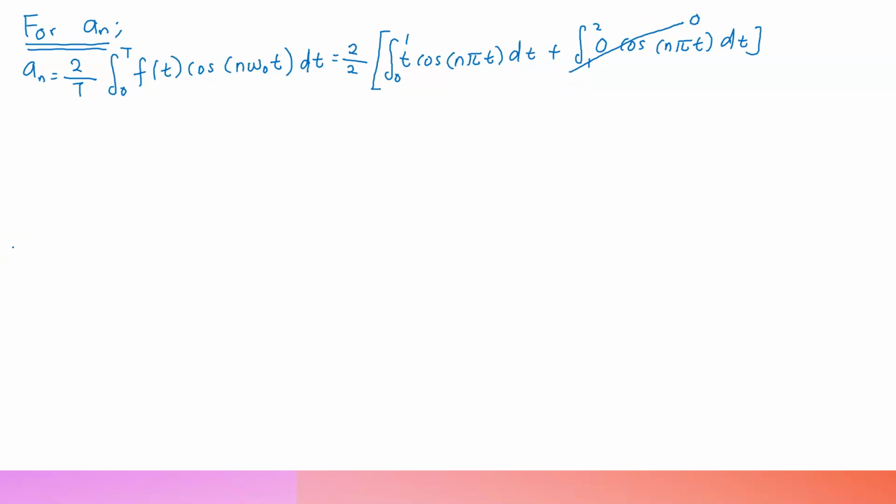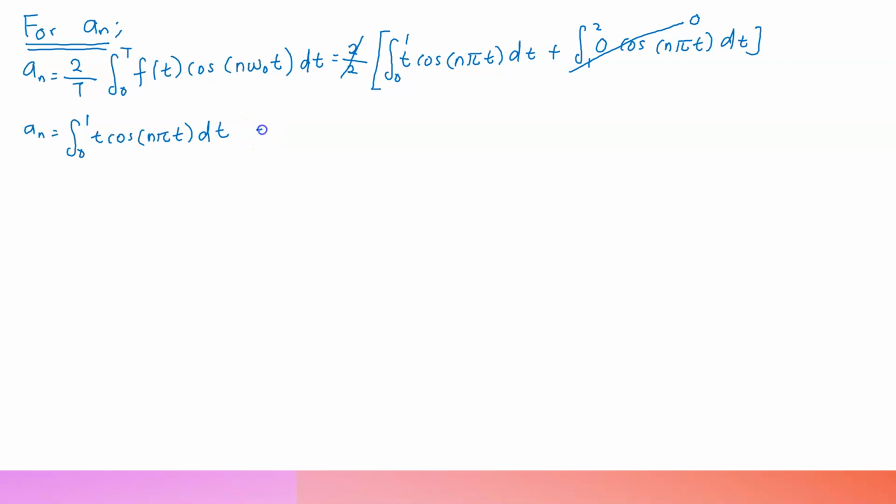So we are left with a n equals, and this one cancels out, so we are left with the integration from 0 to 1 of t cos n pi t dt. Now I hope you still remember how to do this integration. Otherwise you have to refer back to your calculus textbook.